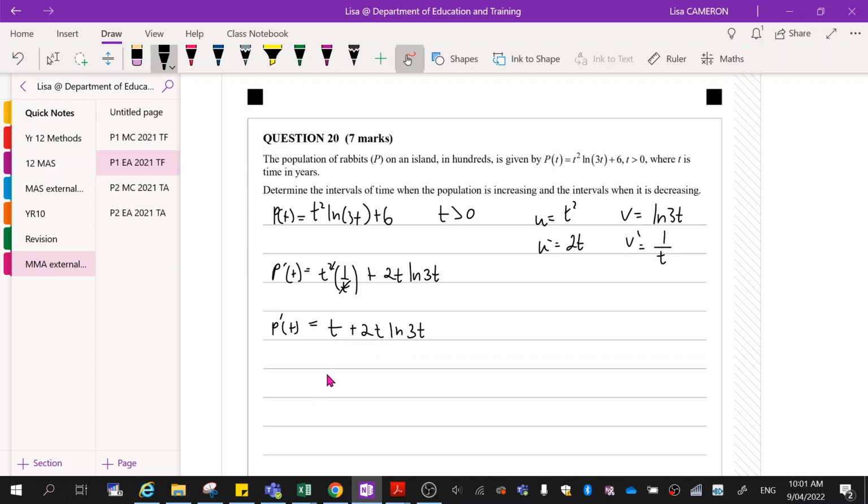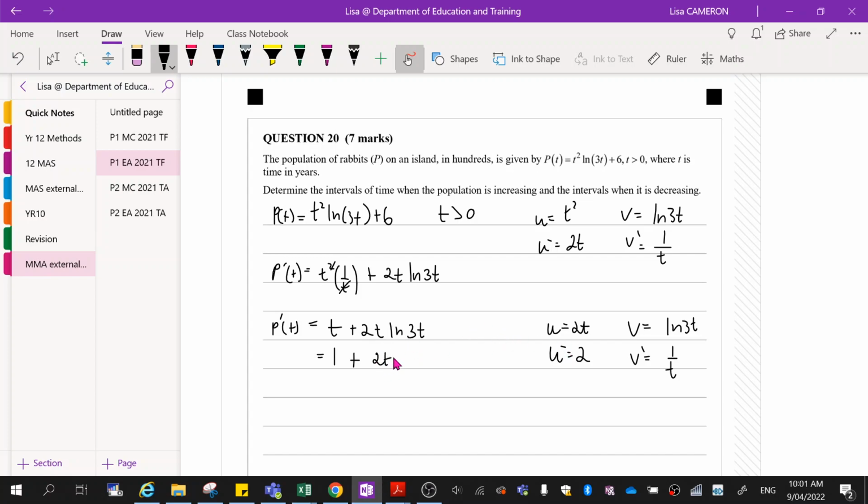Now we're going to find the second derivative. So to get the second derivative, I just derive the first statement, and I'm going to have to use product rule for that second part there. So u equals 2t, u dash equals 2, v equals ln 3t, and v dash equals 1 over t. Okay, and again, the first part when I derive this is just going to become 1, plus now we're going to add on the answer to our product rule.